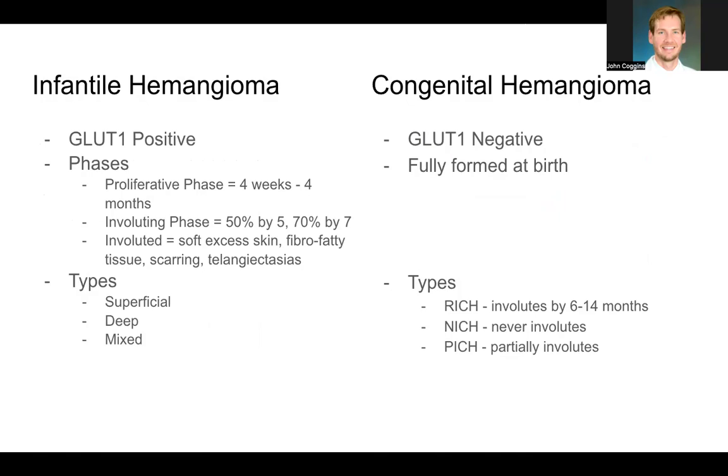Just to recap quickly, infantile have GLUT1 positive, congenital do not. Infantile generally proliferate in the first 4 weeks to 4 months, then they involute. Congenital are typically fully formed at birth. Some involute, some do not.